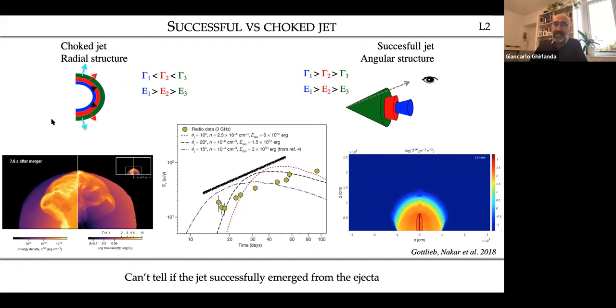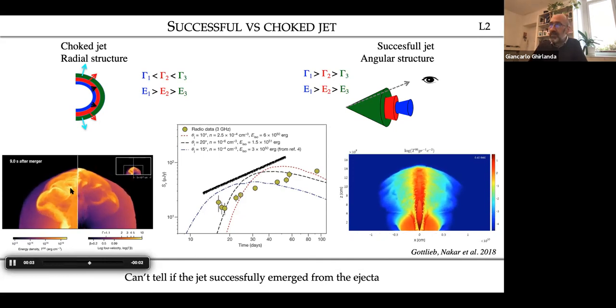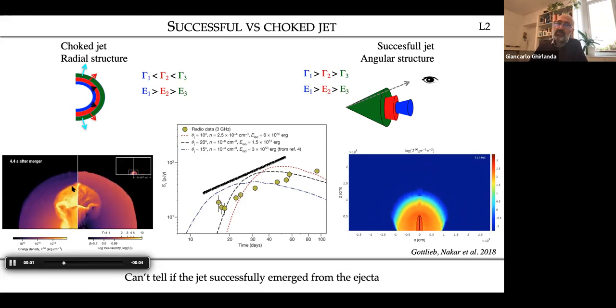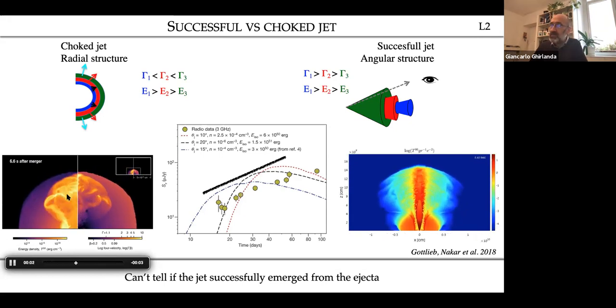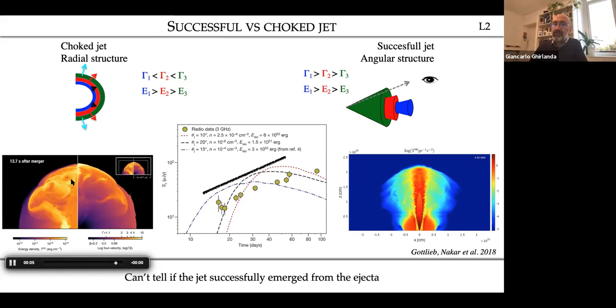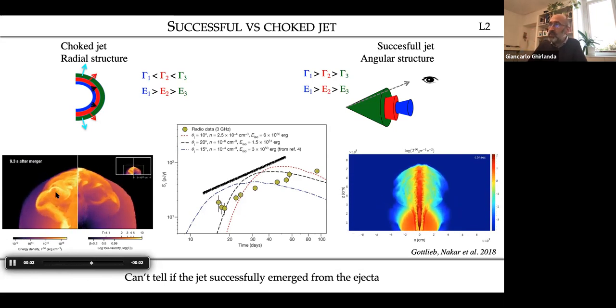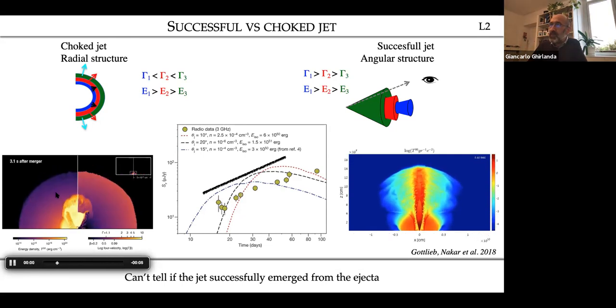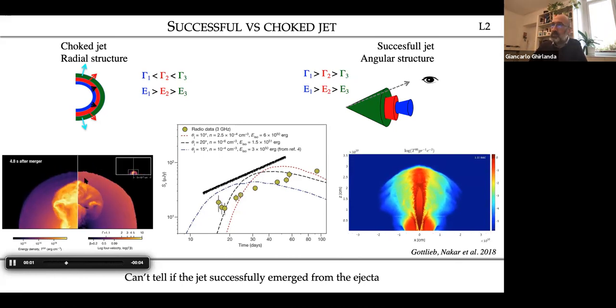This is not really the case, and can indeed, I think, in the cocoon case, have imprints on the observed light curve, at least in the very early phases, because it is in the very early phases that you see the fastest material breaking out, and then you see the brighter emission due to the shock breakout. And probably in the case of a choked jet, you can have some indication of the fine grain distribution of the energy and velocity within the outflow, which is not only radial but can be also angular, like you see here, with more structures.